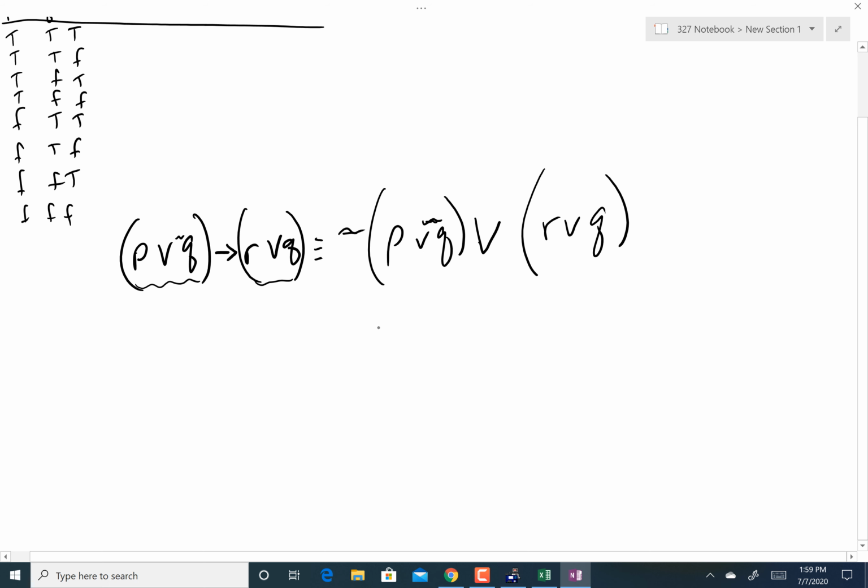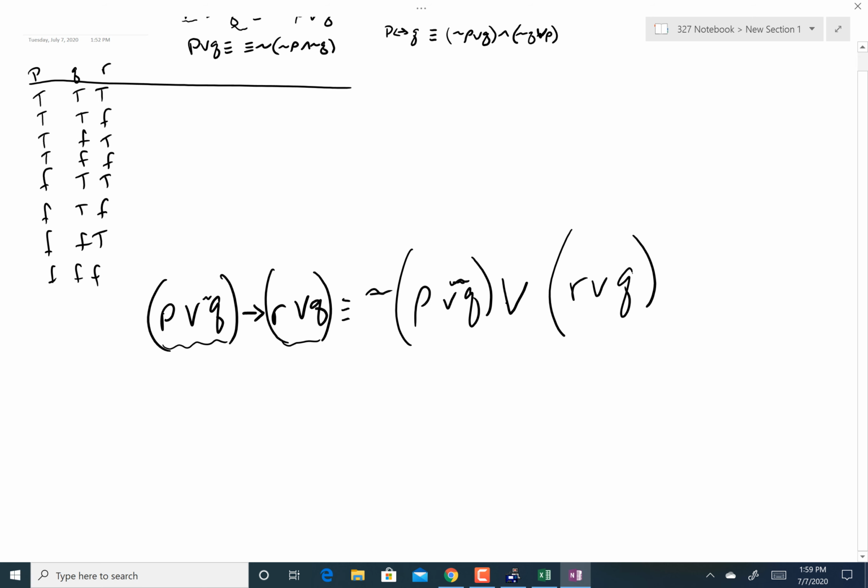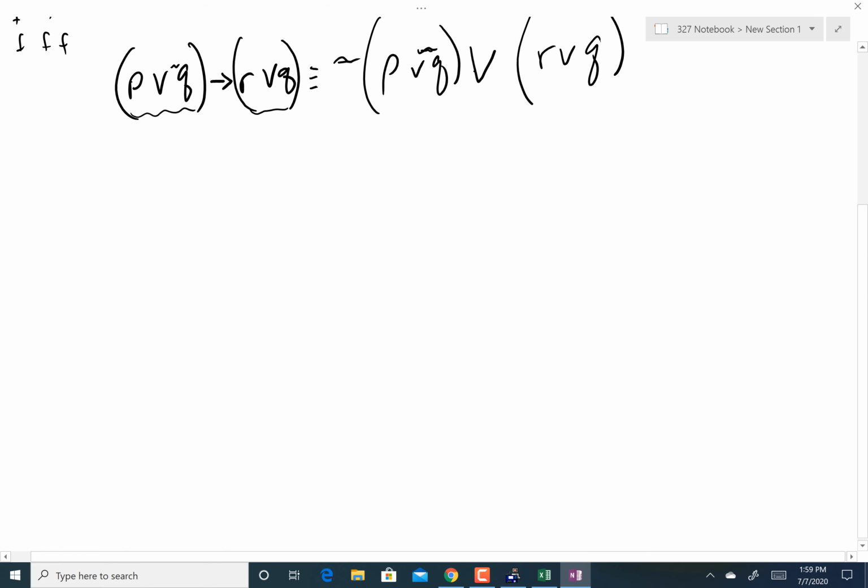What is it? Well, the negation of this whole thing then is what? Well, if you look back on page, well, let's just do this. Let's just actually do a truth table for that.